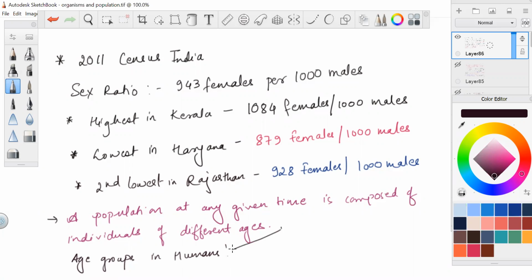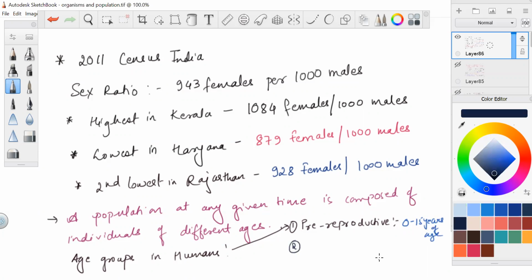I'm writing here: pre-reproductive, 0 to 15 years of age.